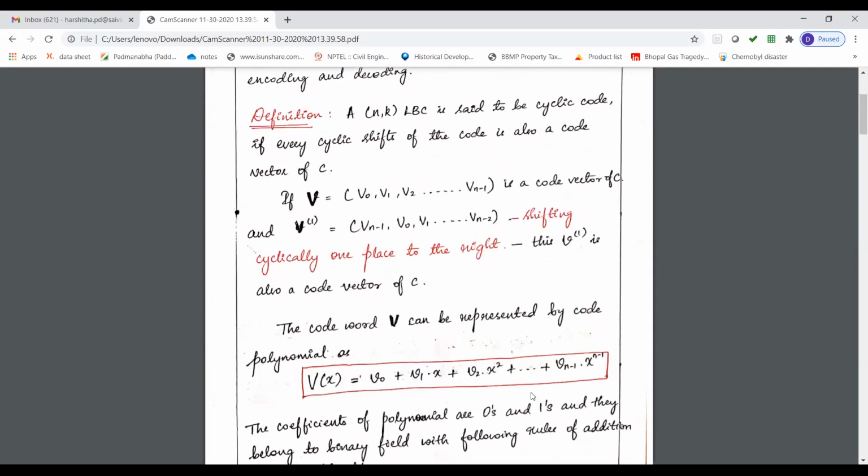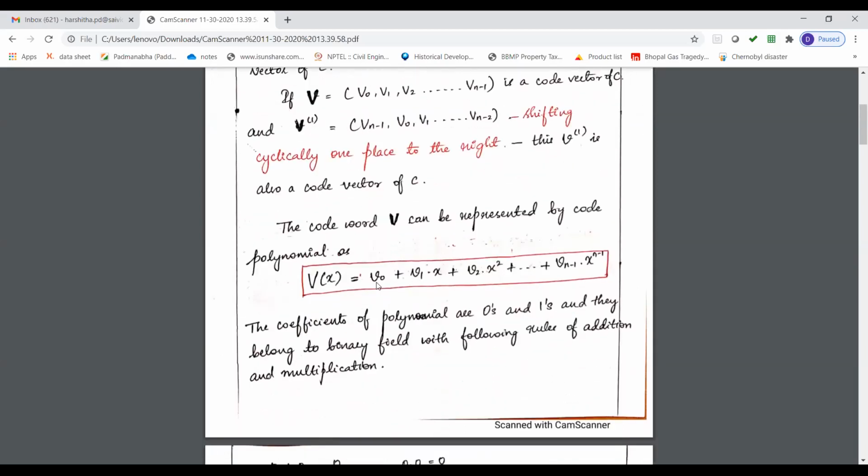This code vector can be represented in the form of a polynomial as v of x equals v0 plus v1 x to the power of 1 plus v2 x to the power of 2 plus v3 x to the power of 3 and so on till vn-1 x to the power of n-1.